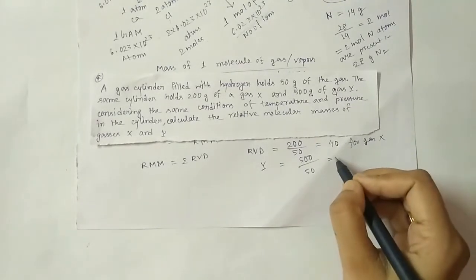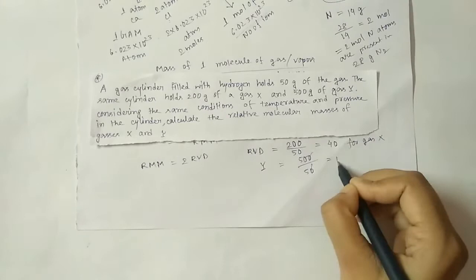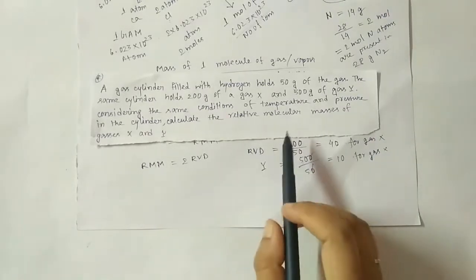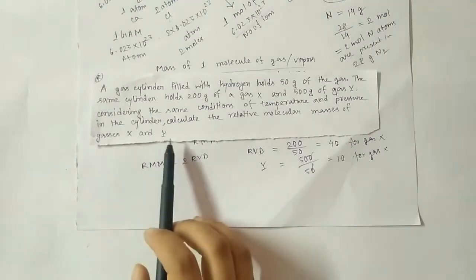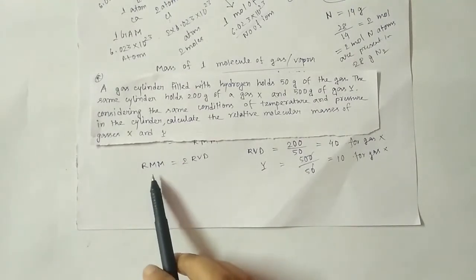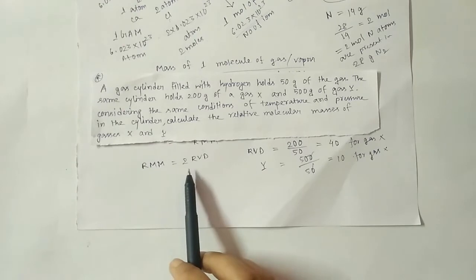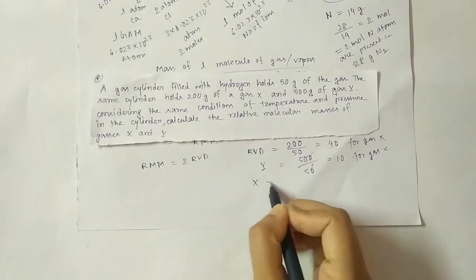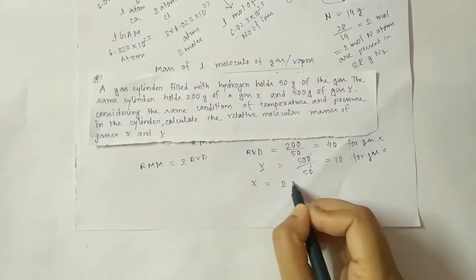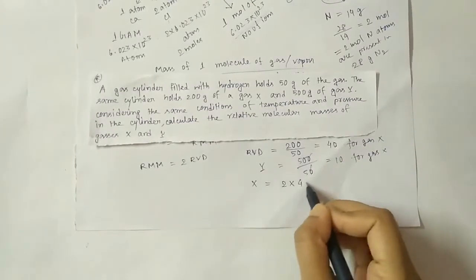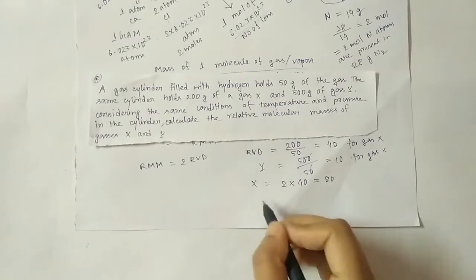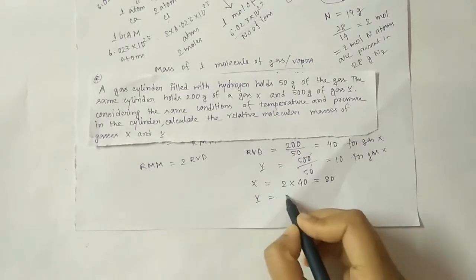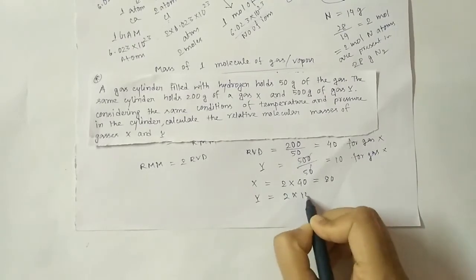So it will be 10 for gas Y. Now you have to calculate the relative molecular masses of gases X and Y. And just now I have told you that relative molecular mass is equal to 2 into relative vapor density. So for gas X it will be 2 into relative vapor density 40, that is 80. And for gas Y it will be 2 into 10, that is 20.